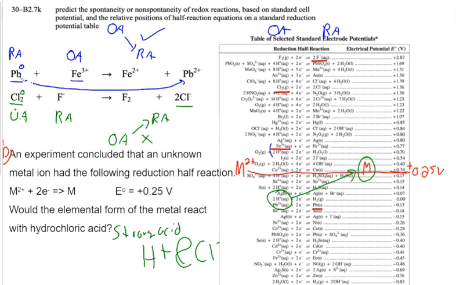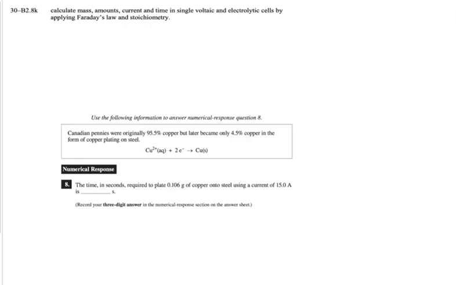So all that's left in electrochem is a very different skill, using Faraday's law to calculate either time or mass of something that's deposited. Now, there's really two sequences that you could get in calculating mass, amounts, current, time in a voltaic or electrolytic cell. So I want to lay out a pathway you're always going to take.